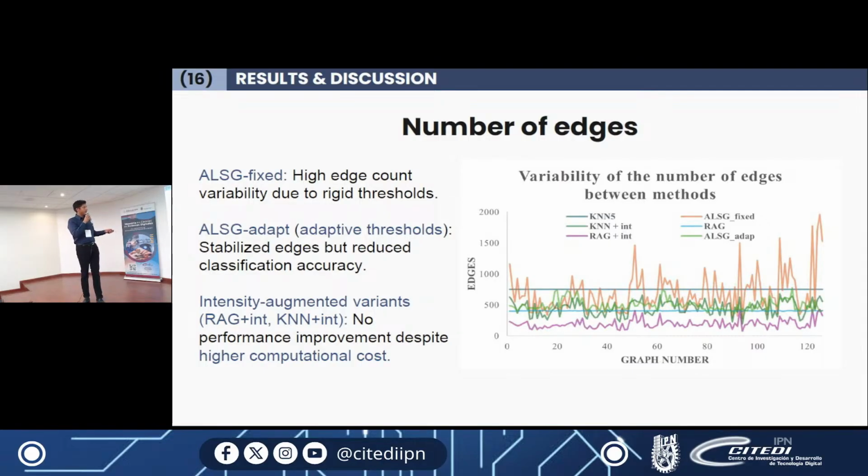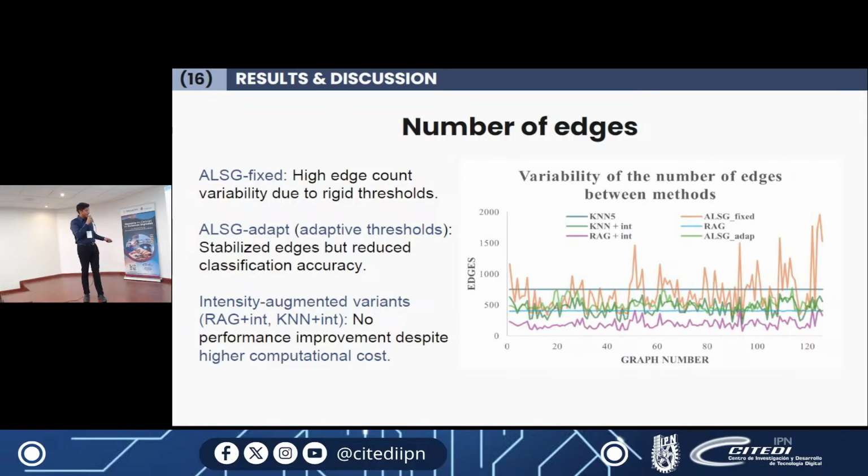So I thought, what happens if I give more restrictions to the model? For example, in the ALCG, use different thresholds depending on each image, or in the RAR or the KNN, add a rule about the intensity.